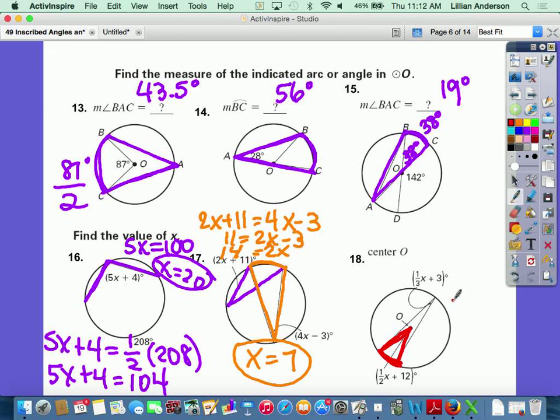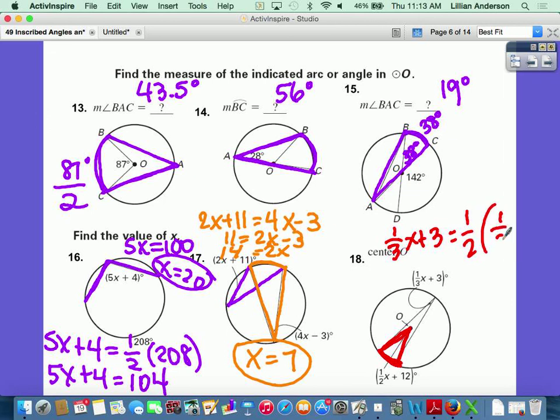And we know that the inscribed angle equals half of the arc. So 1/3 x plus 3. The inscribed angle is half its intercepted arc.